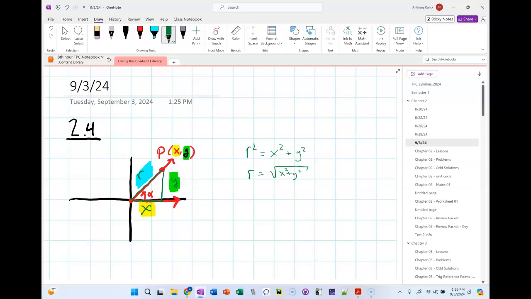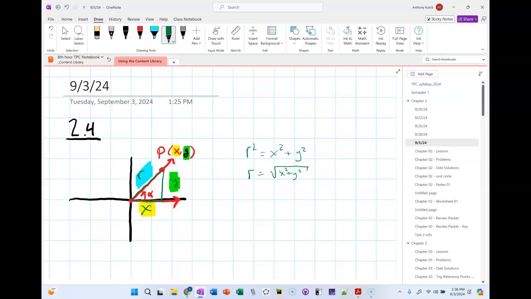It's the distance from the origin to the point P, right? And that distance from the point P to the origin, we could calculate just given the point, right? If I know where P is, I know the origin is 0, 0, I can always use the distance formula to find that distance, right?